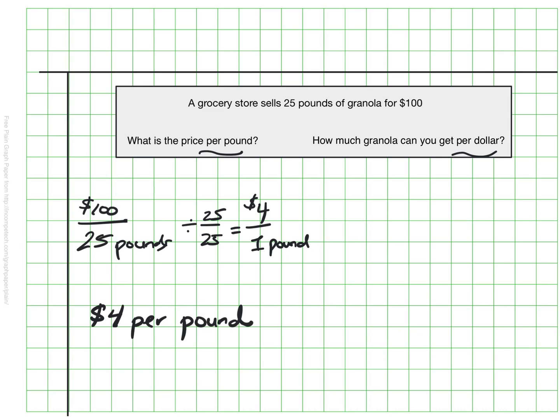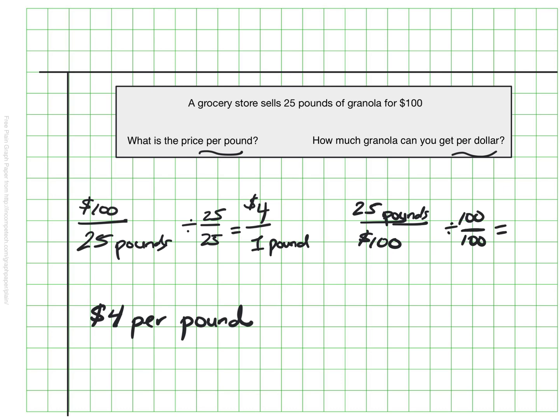However, we might want to know how much we can get for $1. So in that case, I would flip this. I would do the inverse, and I would say I know that I have $100 and I can get 25 pounds for that. So I'm going to figure out my amount per dollar by putting my 100 on the denominator. But then I would have to divide by my denominator, which was 100.